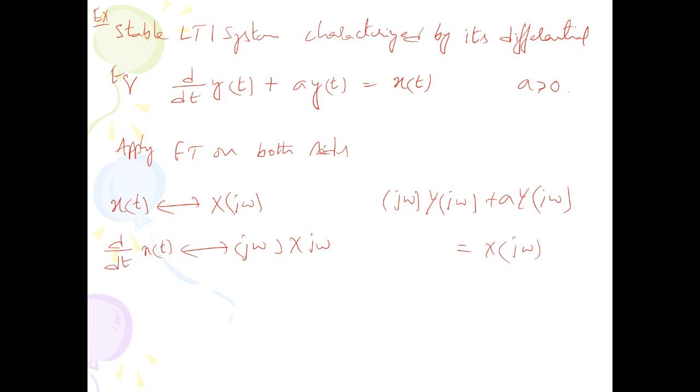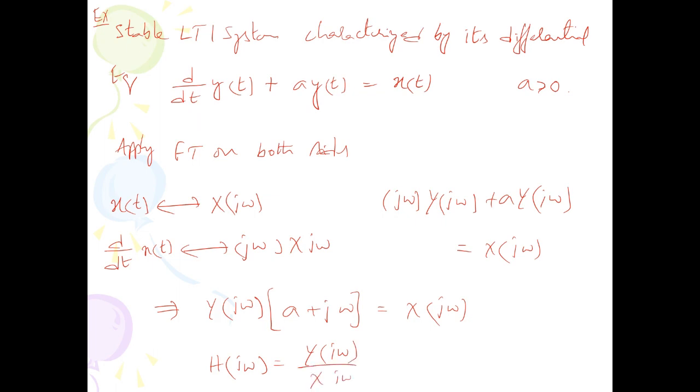Now you simplify this equation, take y of j omega common: (a plus j omega) y of j omega is equal to x of j omega. So frequency response H of j omega is defined as y of j omega by x of j omega, which is nothing but 1 by a plus j omega.